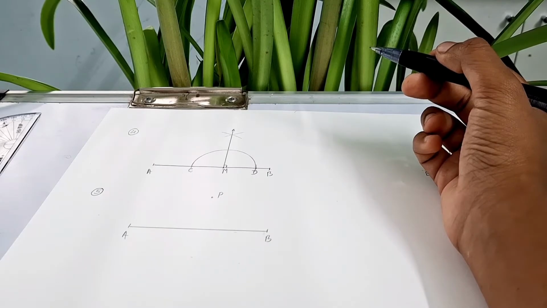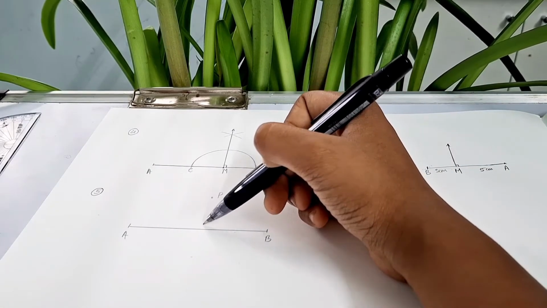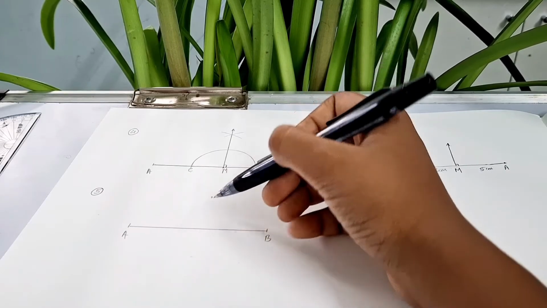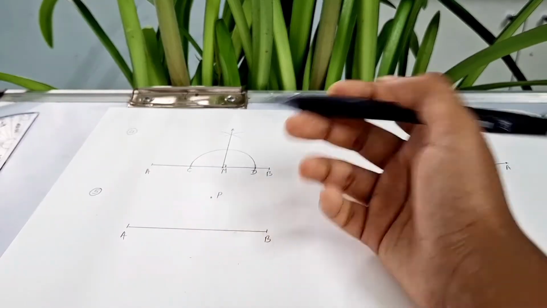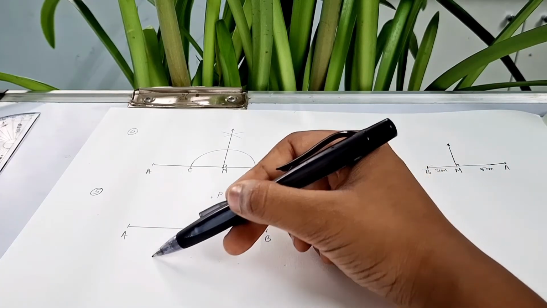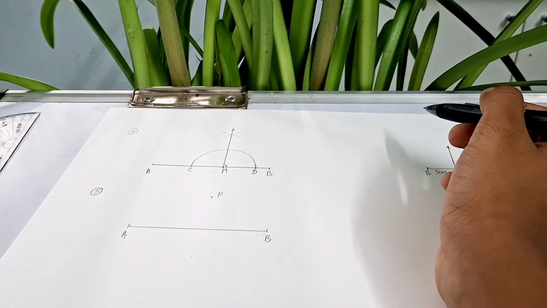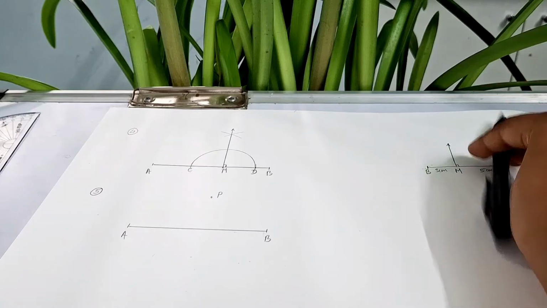They have asked us to draw a perpendicular to the line AB from this point P. So now we have to draw a perpendicular, but there is no matching point over here anywhere. So we don't know how to draw a perpendicular, whether it will be like this way or this way or this way. It will be inaccurate if we draw free-handedly. So that is the reason we need to construct.